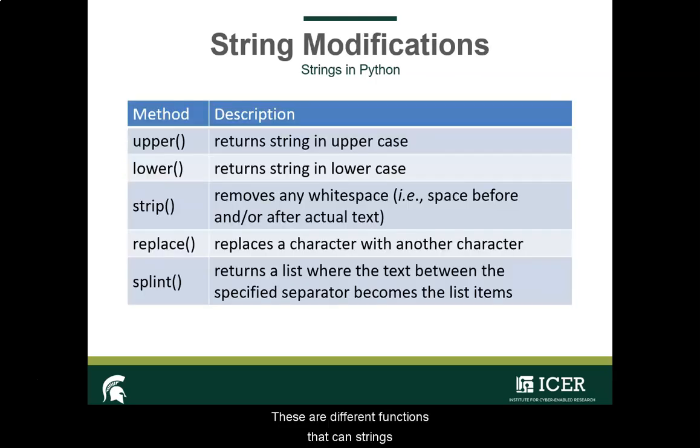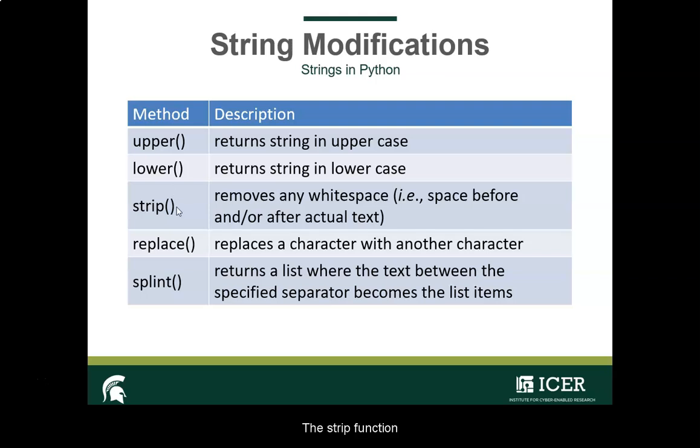These are different functions that can be used to modify strings. The upper function returns a string in all uppercase letters. The lower function returns the string in all lowercase letters.